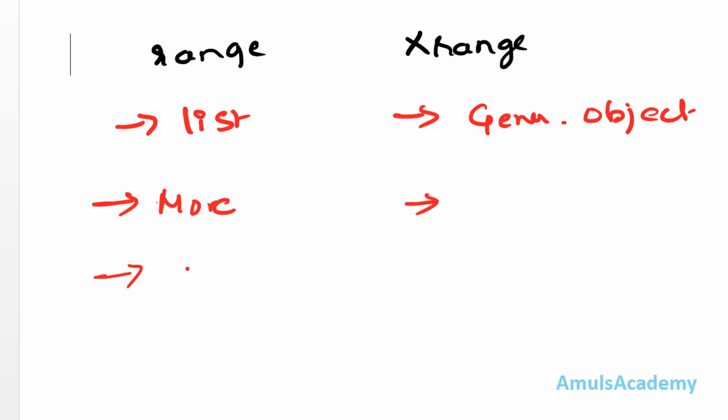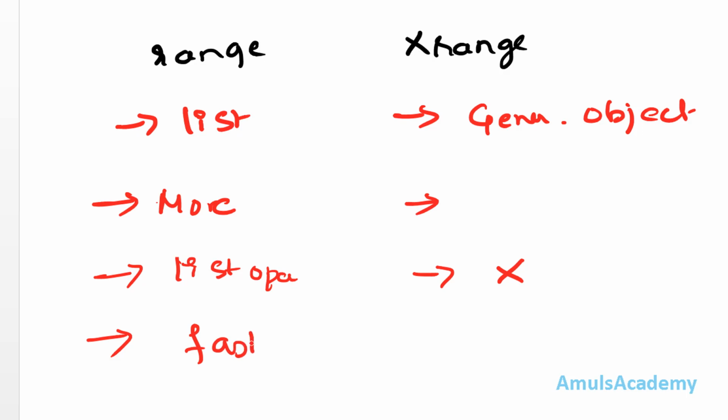The third difference is that we can apply list operations on the range function, but we can't apply list operations on the Xrange function. Next, the range function is faster than the Xrange function. So these are the differences between the range and Xrange functions in Python 2.